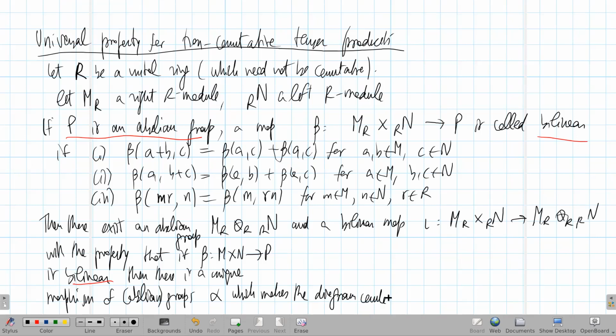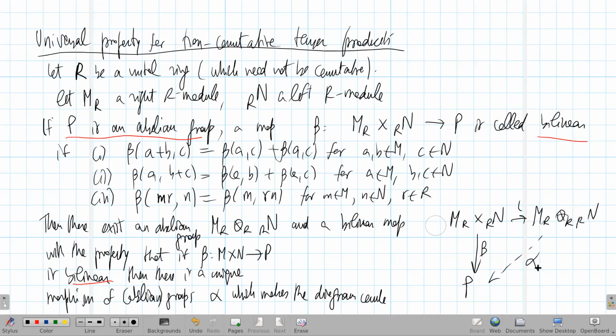The diagram is the usual thing. So this is iota, this is beta, and this is alpha.